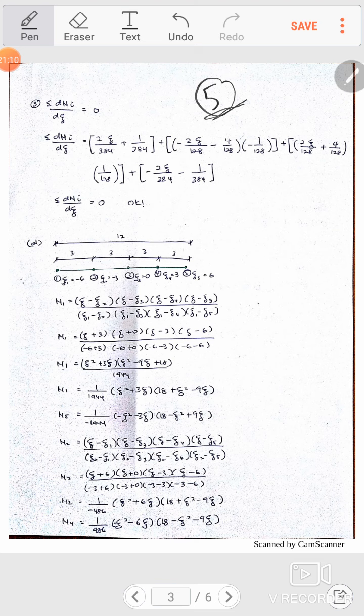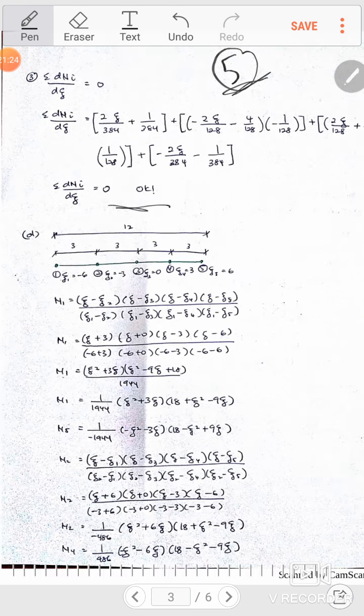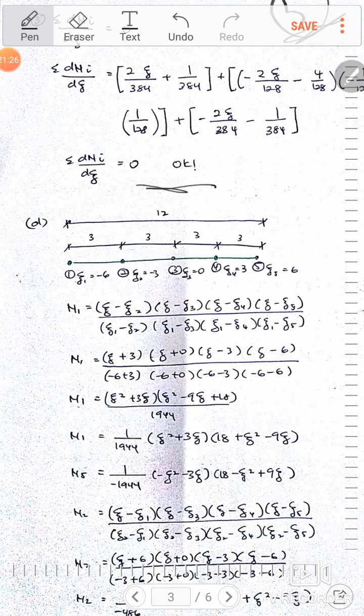So let's continue. Here, just derive for all nodes, and you should get the summation equal to 0.